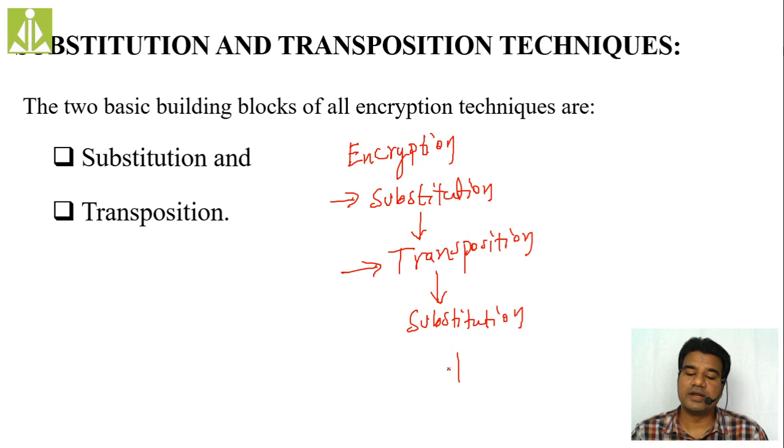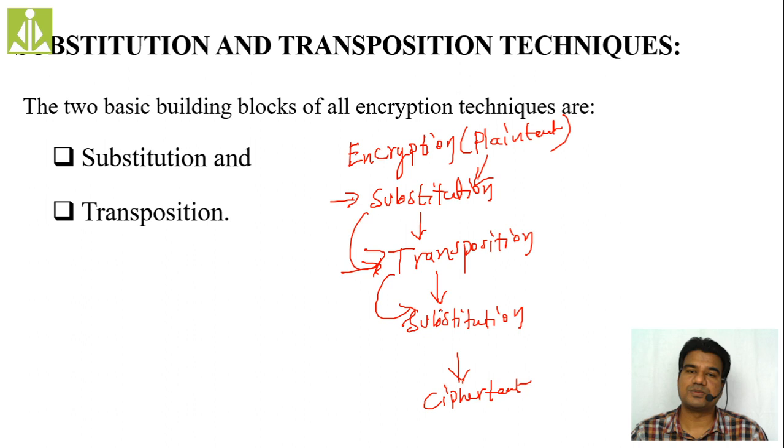In this manner, the plain text we are giving as input to this substitution, and from there whatever output we are getting, to that output we are performing this transposition, and again whatever output we get from this transposition, to that we are performing one more substitution, and finally we are getting the ciphertext.